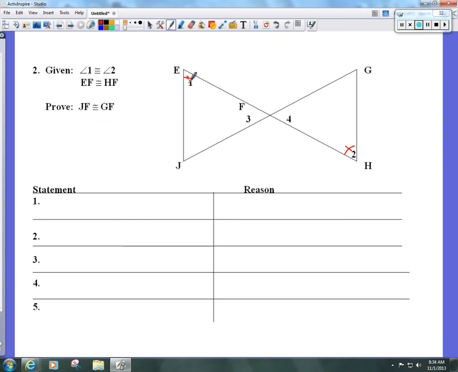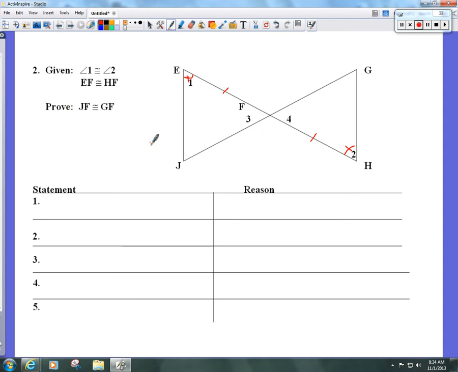So I know that angle 1 is congruent to angle 2, and I also know that EF is congruent to HF. I'm trying to prove that JF is congruent to GF just by using my given in the picture.